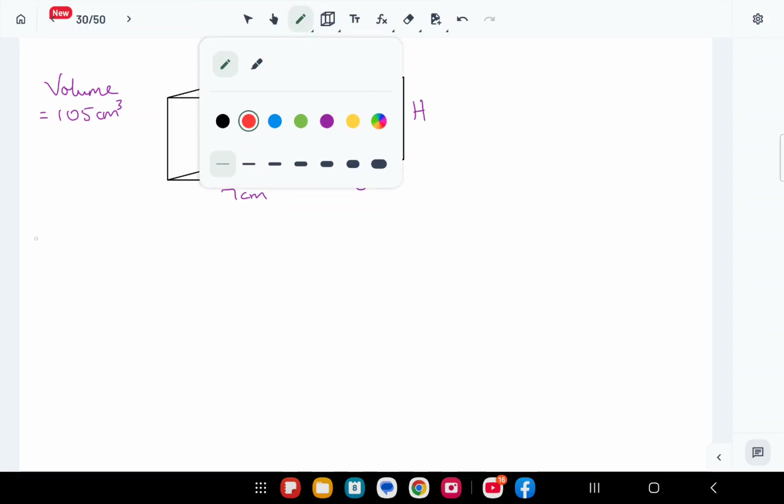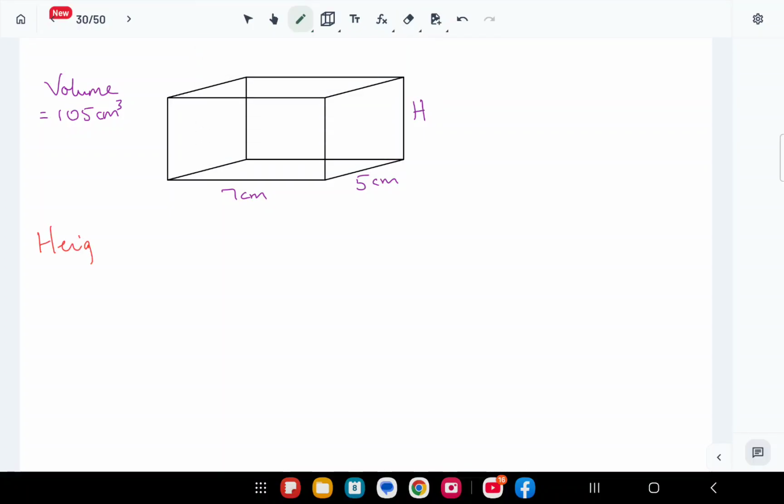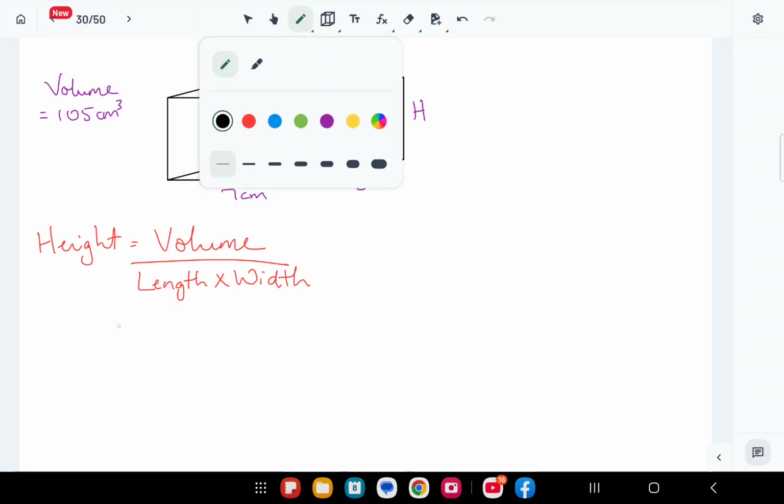To solve for the height, it is equal to the volume divided by the length multiplied by the width. So substituting these values here now, let's work it out.